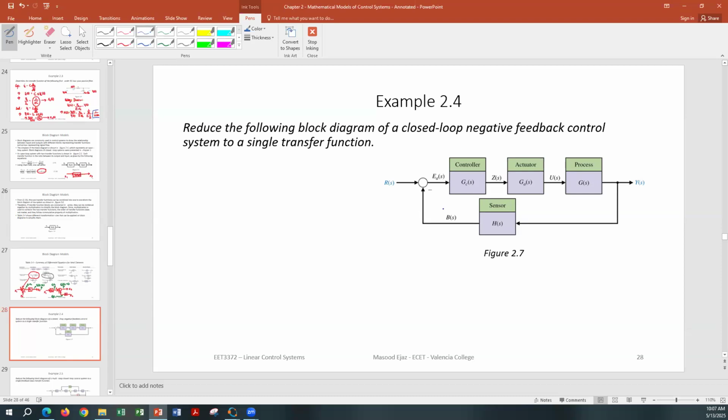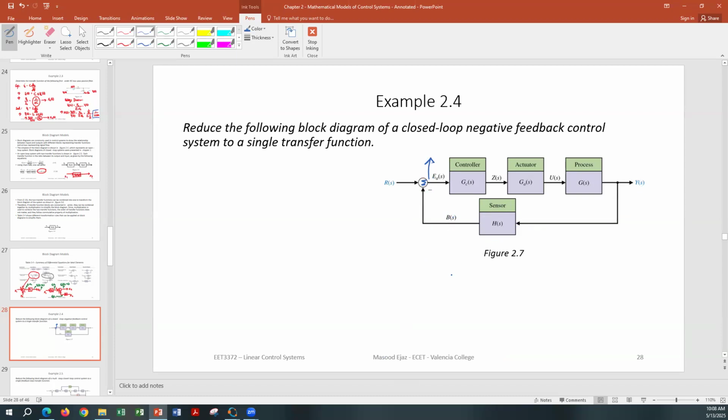So start with the first point right over here. E_a(s) is your error signal. What signal is coming here? R(s) is going in, and this is a summing amplifier. R(s) is going in, and B(s) is going in from this side. So this signal is R(s) minus B(s). Now, what is B(s)? B(s) is Y(s) coming into the sensor.